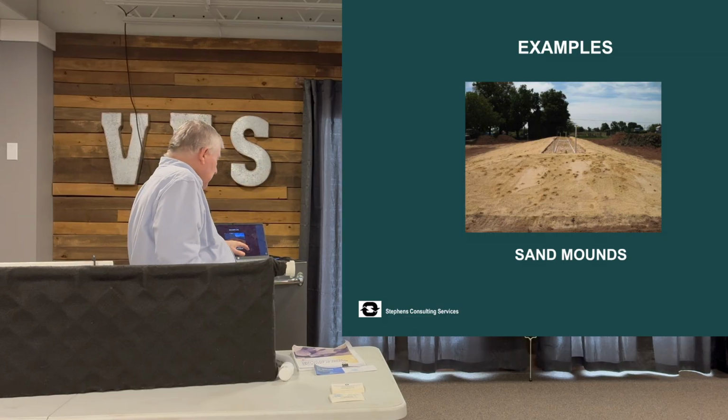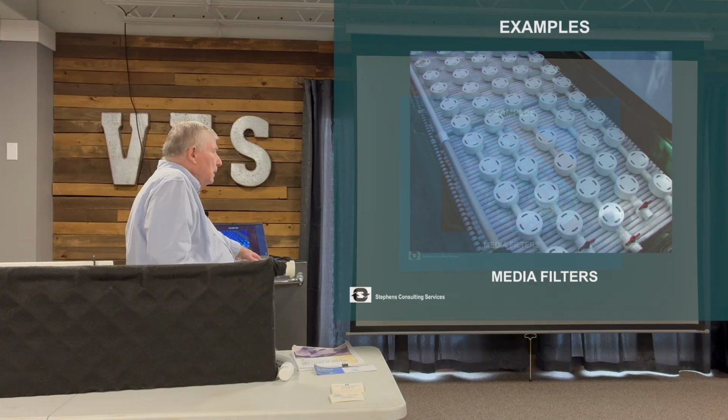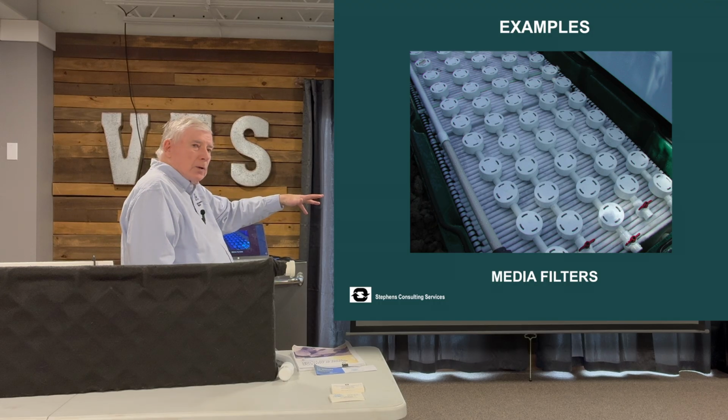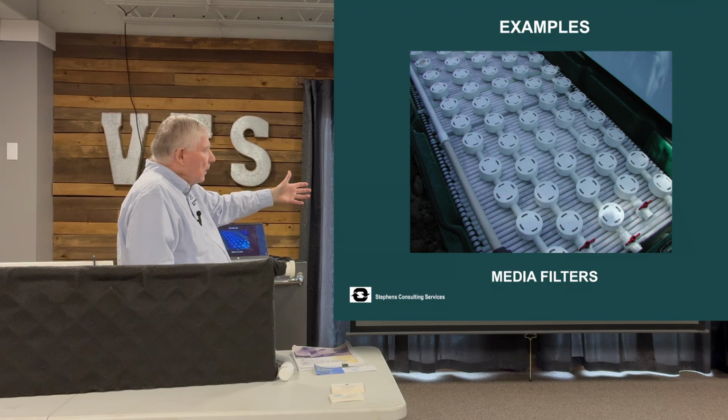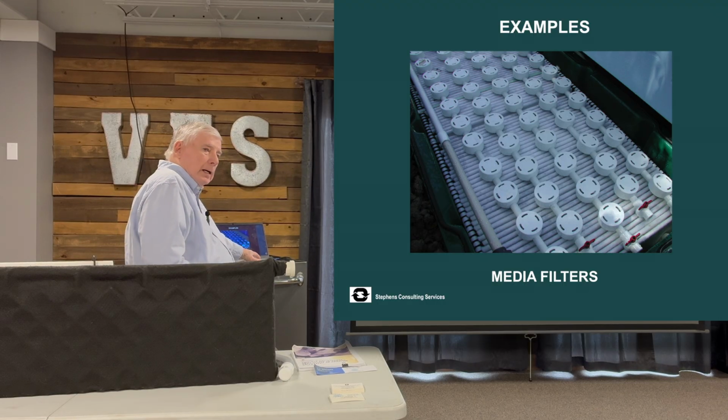So anyway, examples, sand mounds. This is a large sand filter in another state down south, but it's equal distribution using small diameter pipe and lots of pump capacity. Geotextile filters, those of you that have been around know this is the Advantex geotextile filter that Renko makes.